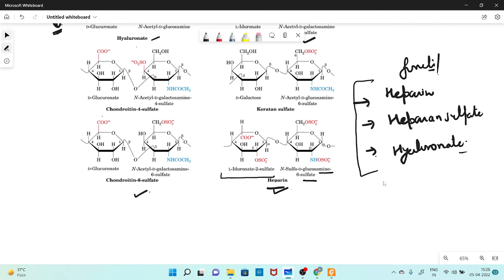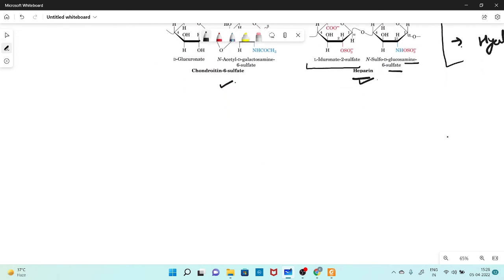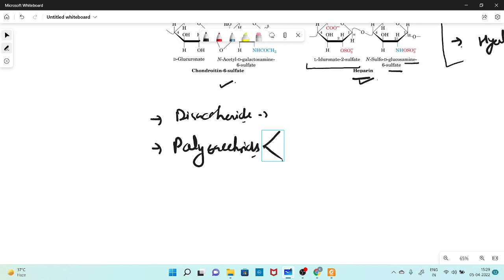So in this lecture, we discussed different types of disaccharides, right? Their examples, their functions. Then we discussed the polysaccharides. In polysaccharides, we discussed its categories, which are hetero and homo.